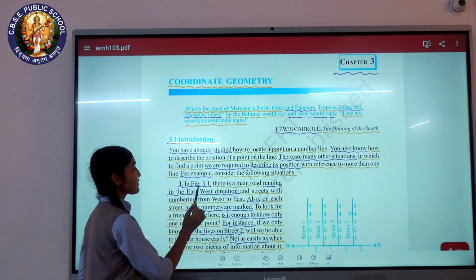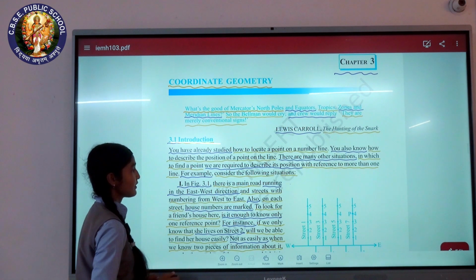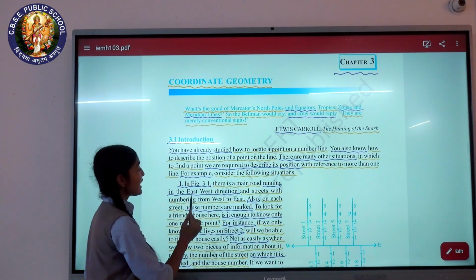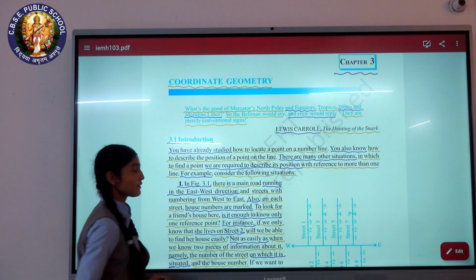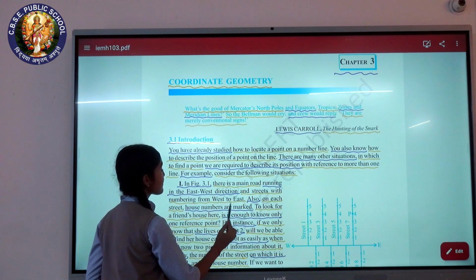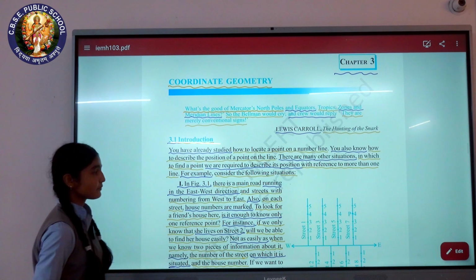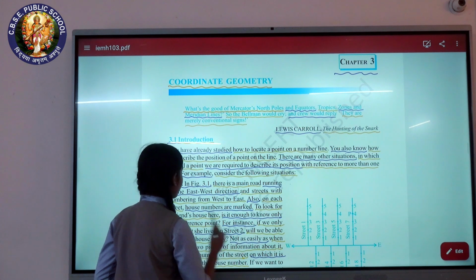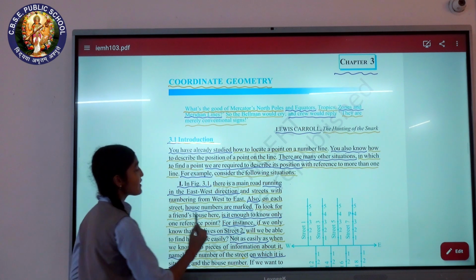First, in figure 3.1, there is a main road running in the east-west direction and streets with numbering from west to east. Also, on each street, house numbers are marked.